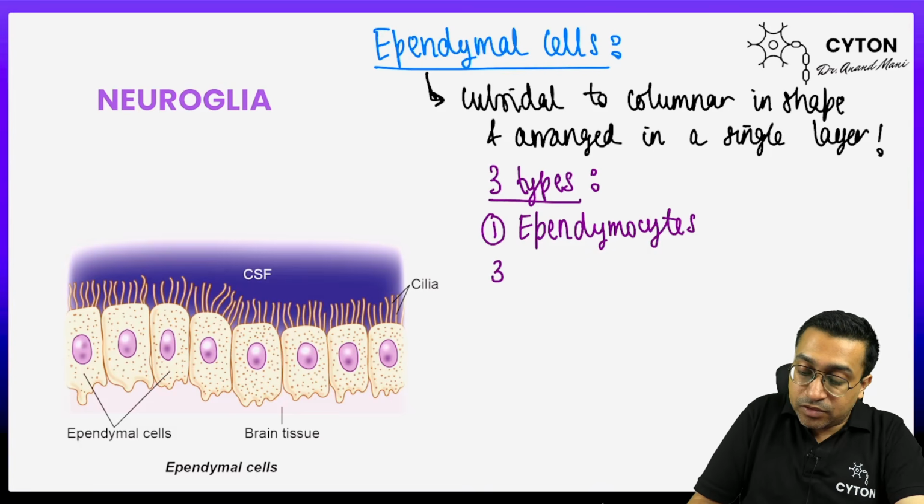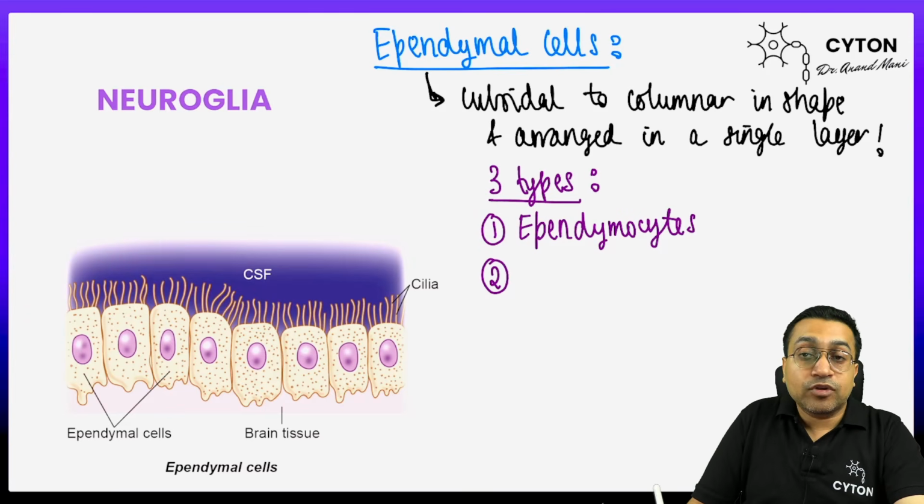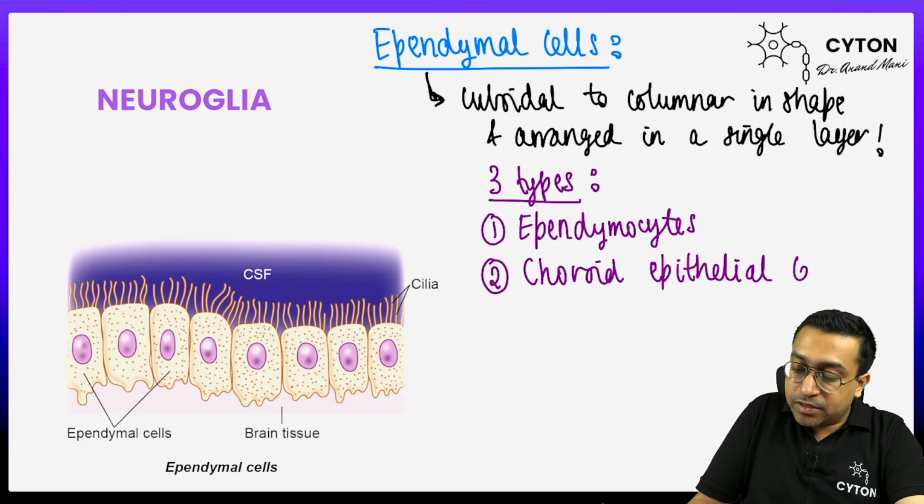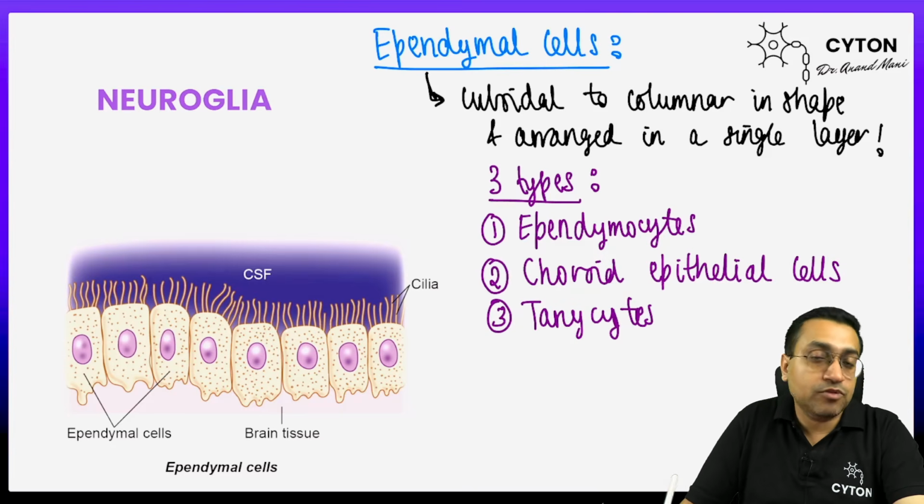Okay, these are the cells only. Number two, we have the choroid epithelial cells. And number three, we have the tanycytes. We don't need to go into detail about these. Just remember the names, that is more than sufficient.